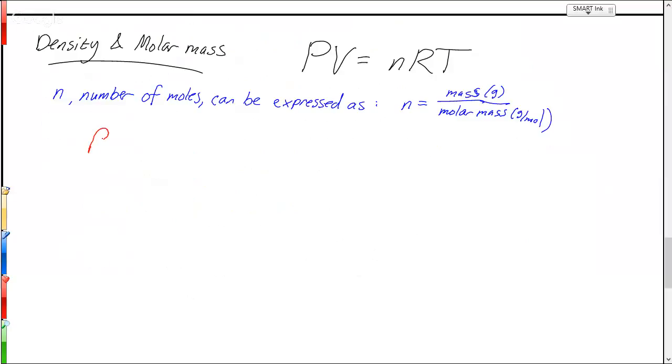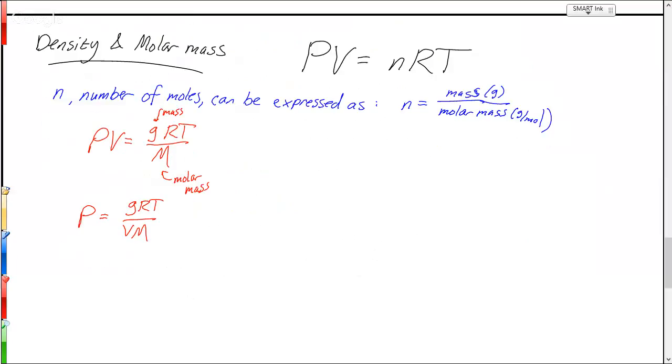So we can rewrite this as PV equals gRT over M. So that's grams and then molar mass, because of what we just talked about. Now we can rearrange this a little bit, just using algebra, and say pressure equals gRT over VM. See how I did that? Just divide both sides by V.